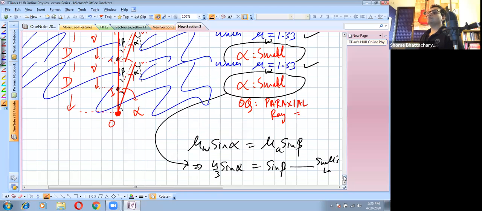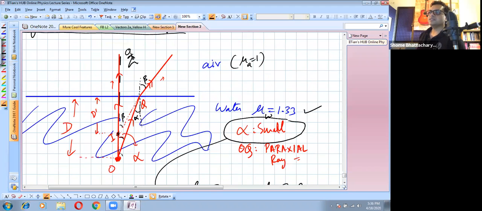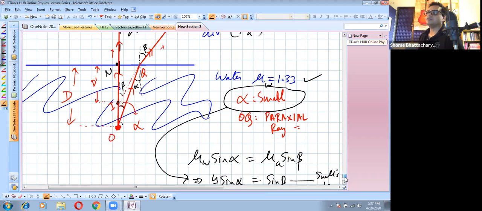Now come back to this diagram, and you see that if these angles are small, these right angle triangles, that is, if I label this point as, let us say, N, then the right angle triangle ONQ and the right angle triangle INQ actually have very small angles. So we can apply the tan alpha tending to alpha formula for those triangles.